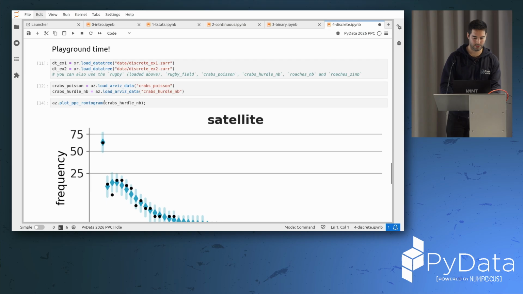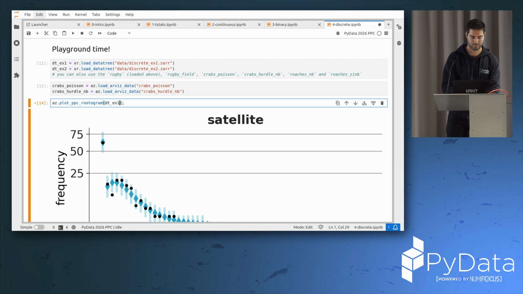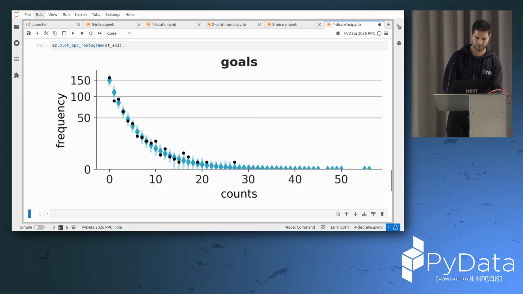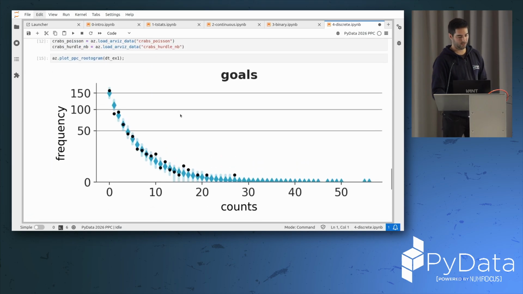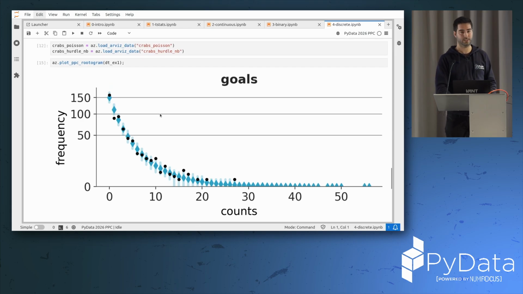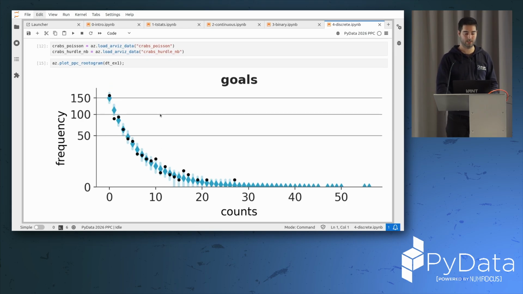If we do this for the examples, this one doesn't look very bad, but there are multiple places where it's a bit mismatched. So this one is off the bands. These ones are nearly off the bands, but in general it's okay.